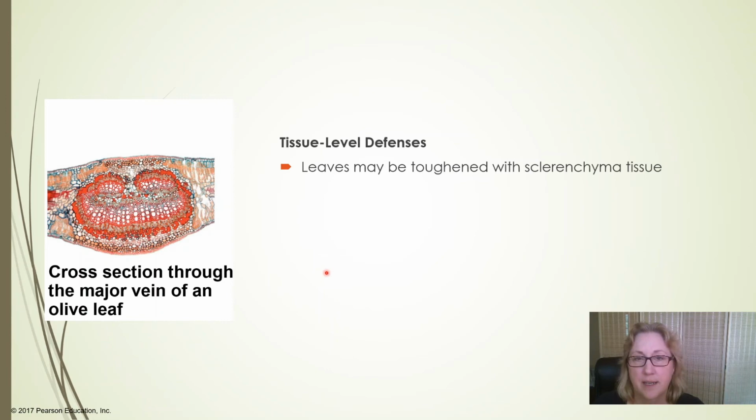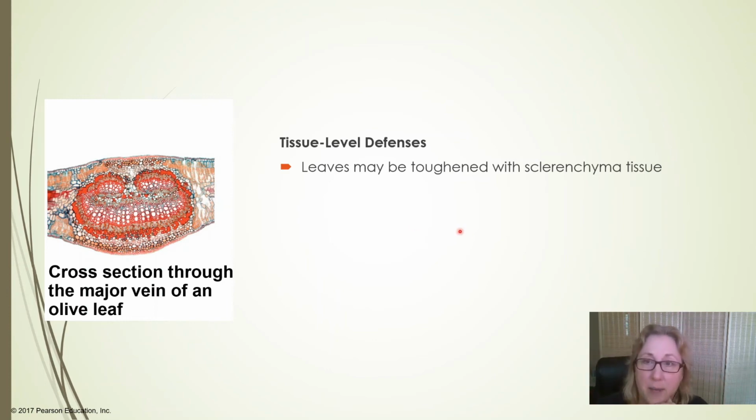They're calling this tissue level defenses. So sometimes the leaves and the fruits are just really hard and tough. The sclerenchyma tissue in a leaf or a stem makes it hard and rigid, which is good for helping the stem stay upright.